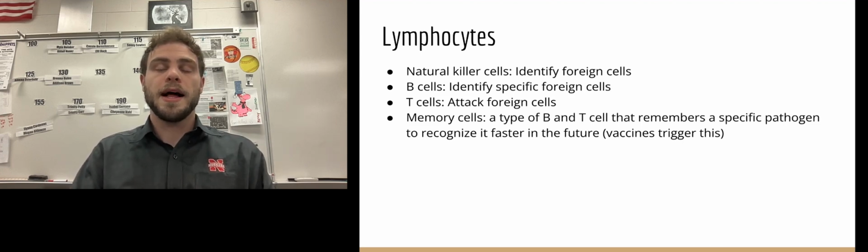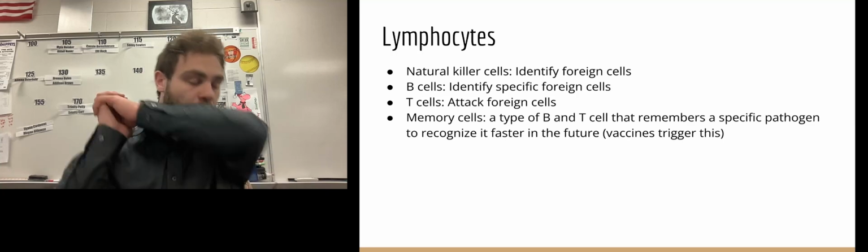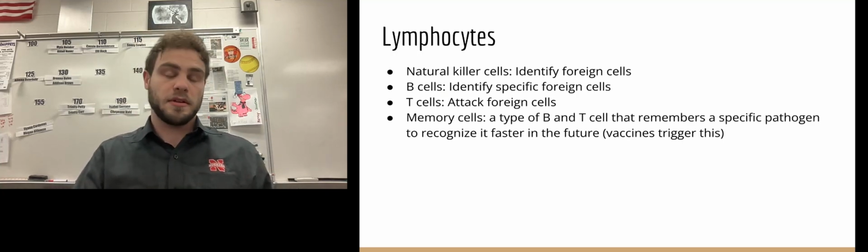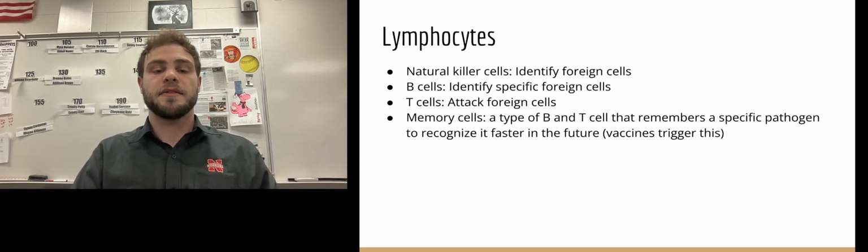Another type of lymphocyte, your memory cell, is a type of B and T cell that's going to remember a specific pathogen, hence the memory, to recognize it faster in the future. That's what vaccines take advantage of.